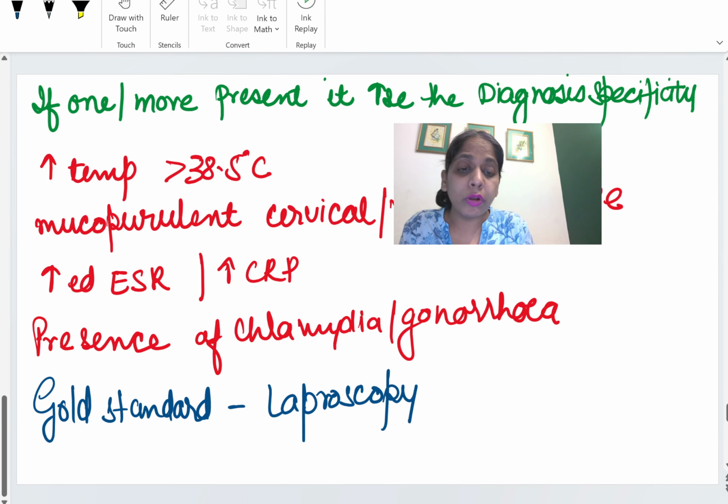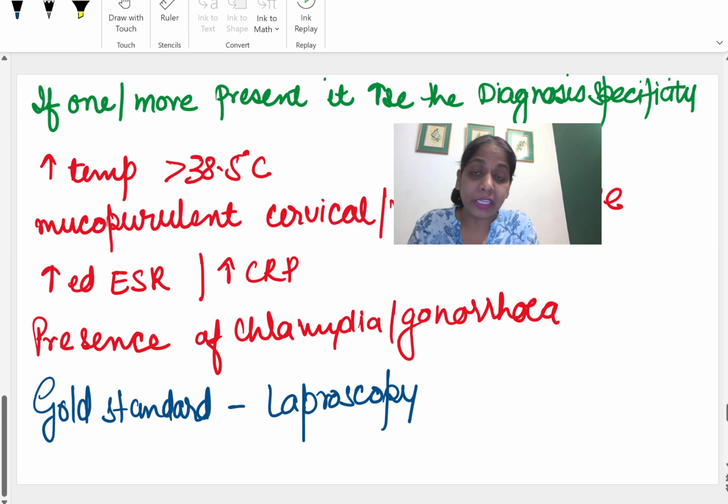And if one or more of these findings are present, it increases the specificity of our diagnosis that the patient is having PID.